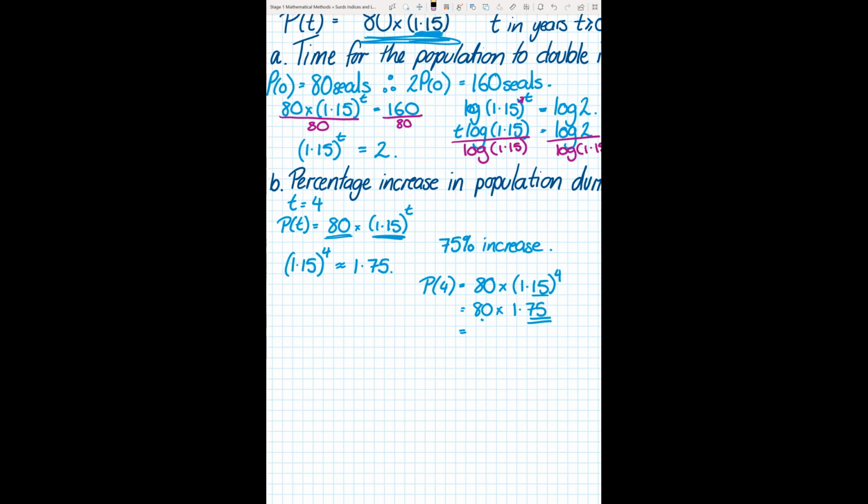Just like 0.15 is a 15% increase on 80. So if we're just looking for how much the increase is, we don't have to solve this to know that it's going to be a 75% increase. Our solution can be found without actually solving for what the population is after the 4 years.